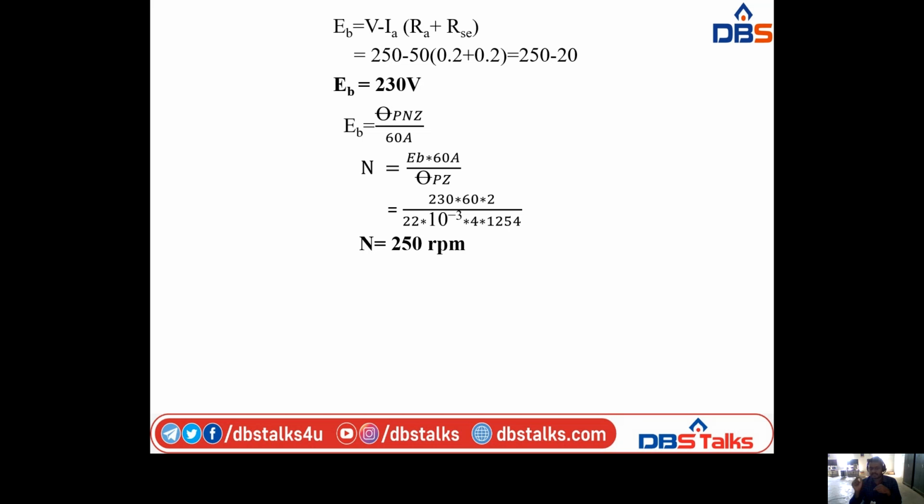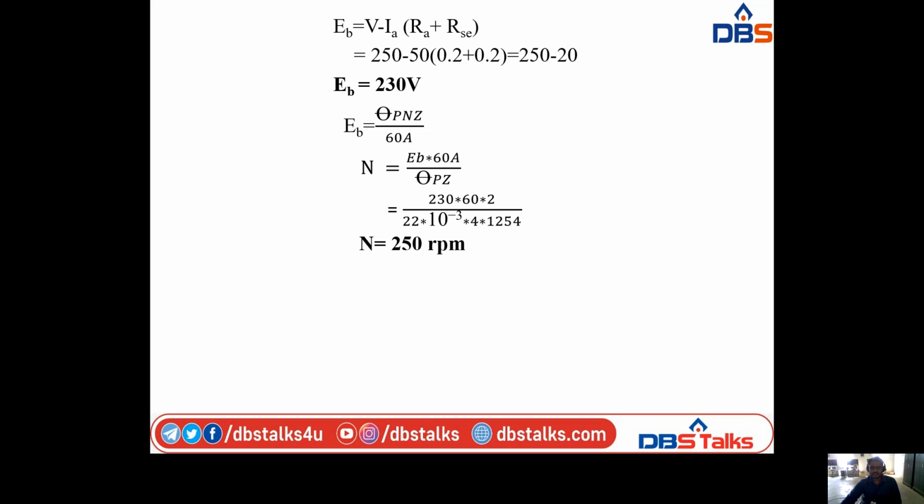Divided by flux value 22 milliwebers, that is 22 into 10 to the power of minus 3, into number of poles 4, into total number of conductors 1254. Finally we have the speed, that is 250 rpm. This is the speed of a DC series motor.